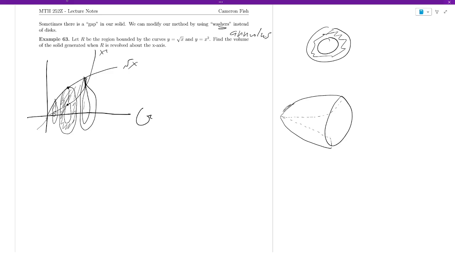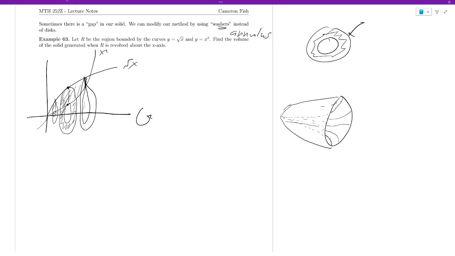So I have this hollowed out thing going on. It's a little bit hard to draw. You can really think of it as taking the original bullet shape and cutting out something on the inside. Just like on the individual disk level, I took this larger disk and I cut out the smaller disk.